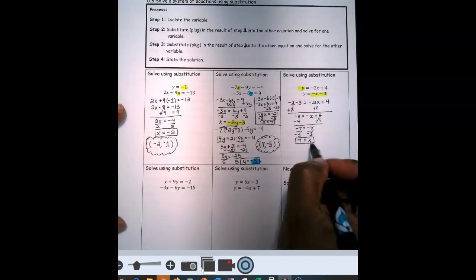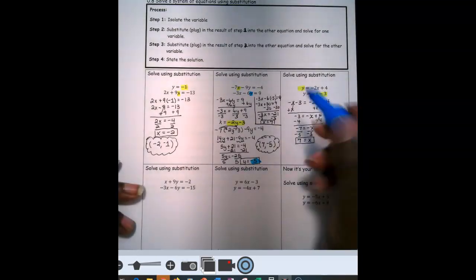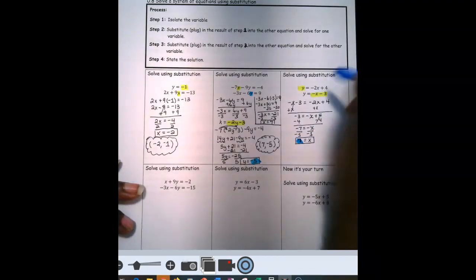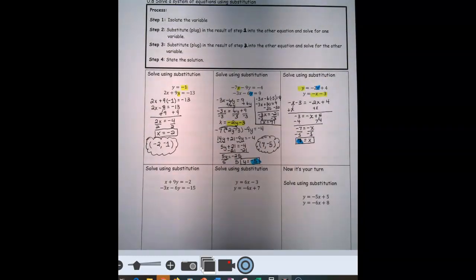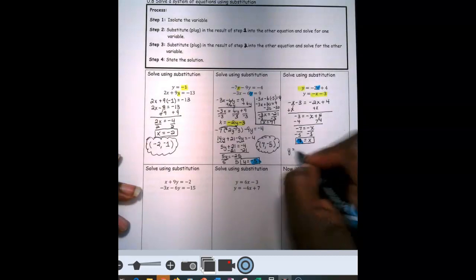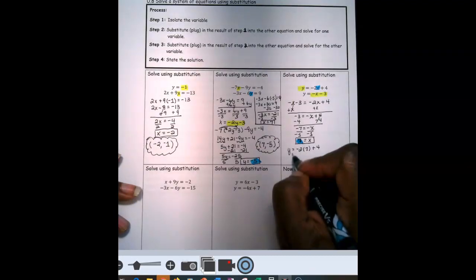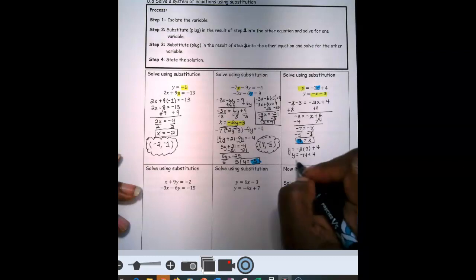So then I take the 7 here, and I use either equation, and I substitute. So I'm going to put it here. So I've got now y is equal to negative 2 times 7 plus 4. y is equal to negative 14 plus 4.